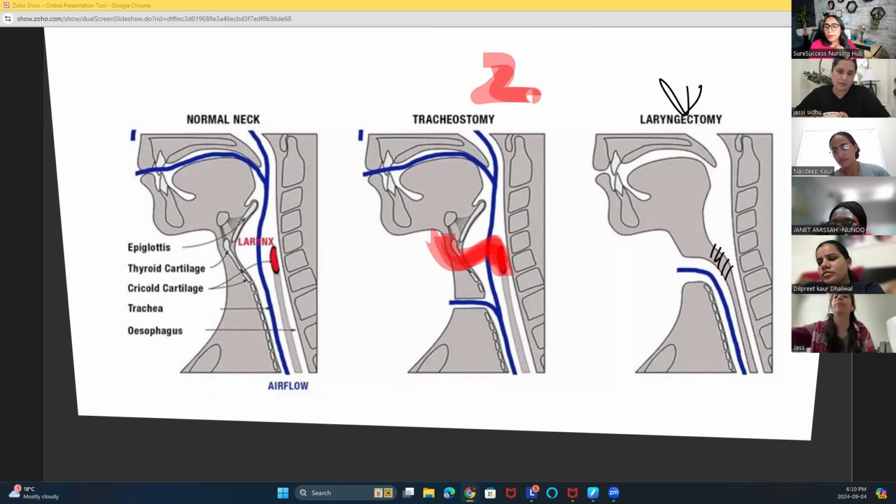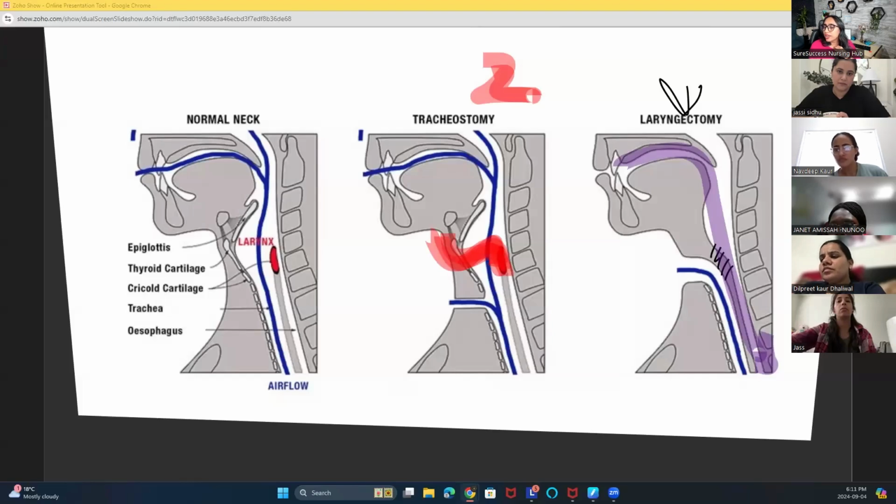After the laryngectomy, do you think the patient will be able to swallow? Is it good for him to swallow the food? No. For that reason, after the laryngectomy, we will insert the NG tube.